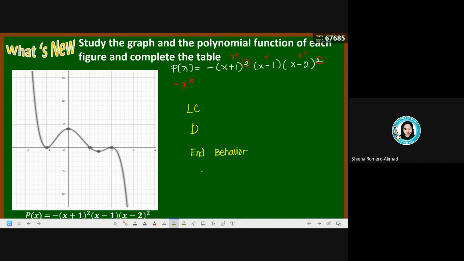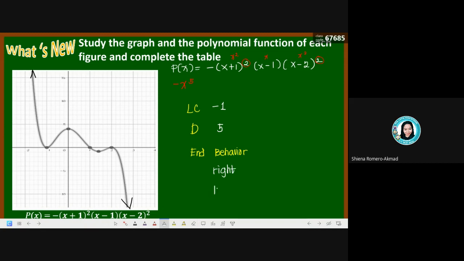Okay? So, the LC here is a negative number, negative 1. And the degree is 5. So, the end behavior, tingnan natin. So, kapag pala negative yung LC at yung degree ay 5, ganito pala ang itsura, no? Yung left muna.